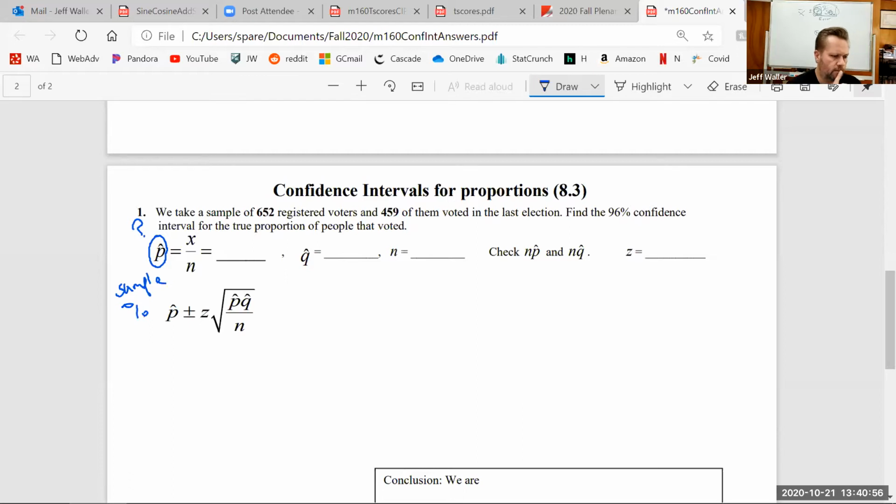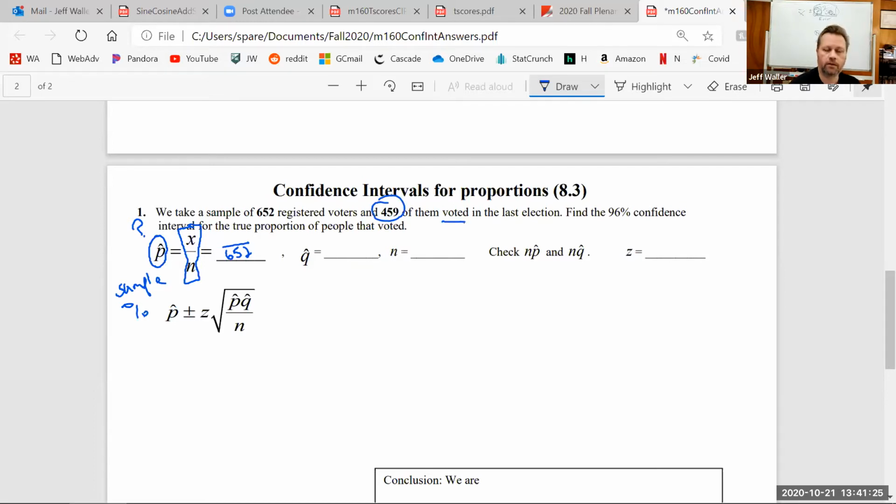So what do you see in the sample that would lead me to a percentage? I kind of gave you the formula, but what would those things be? What's n? 652. And out of those, I saw how many successes? 459.